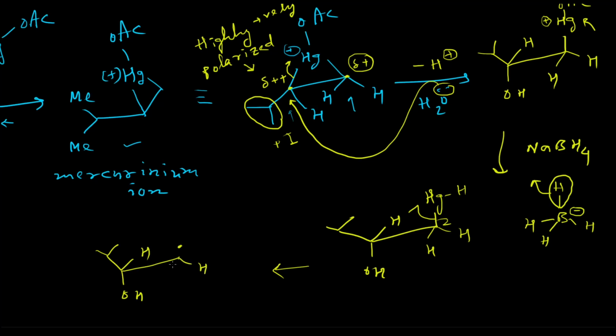Here will be a radical formation, and there will be this mercury and hydrogen species. So this will eventually abstract this hydrogen from the mercury hydrogen species, which will lead to the formation of our desired product.